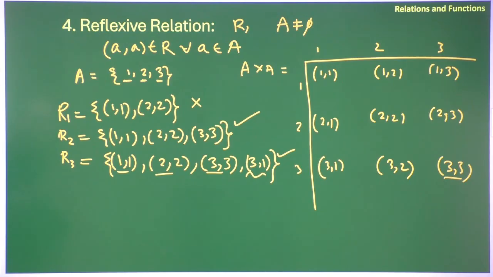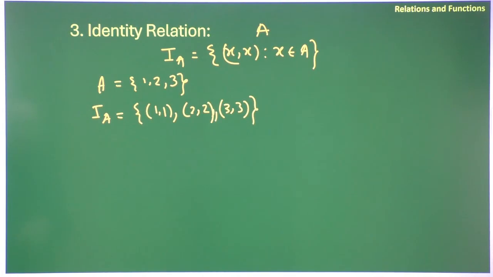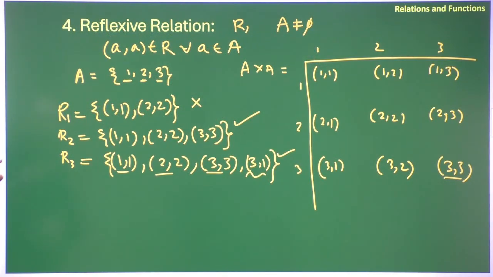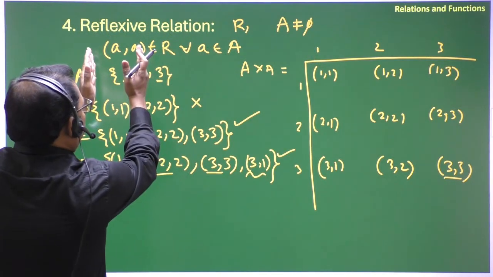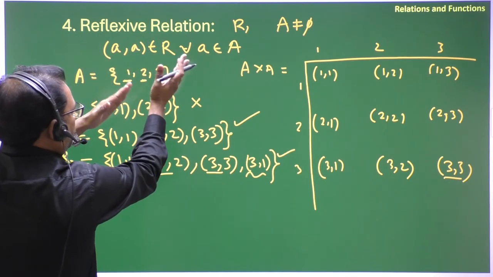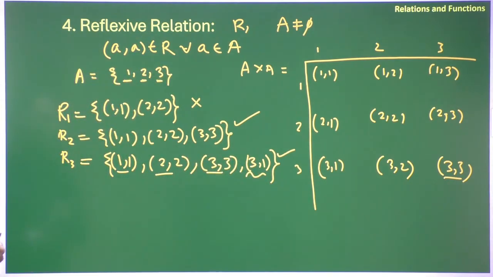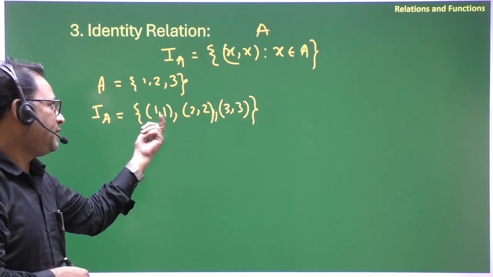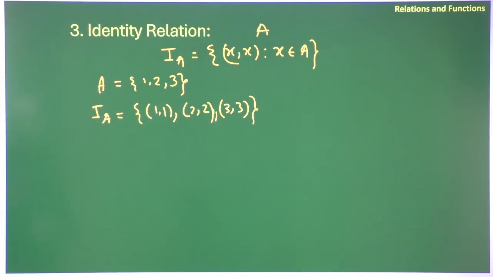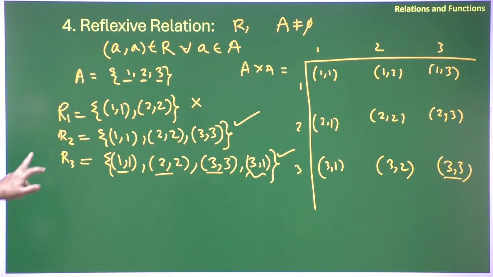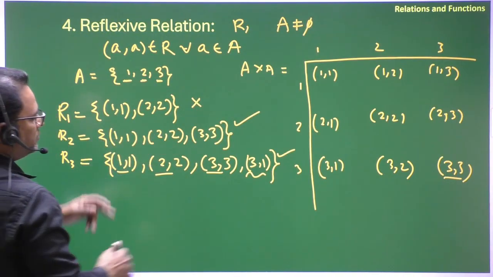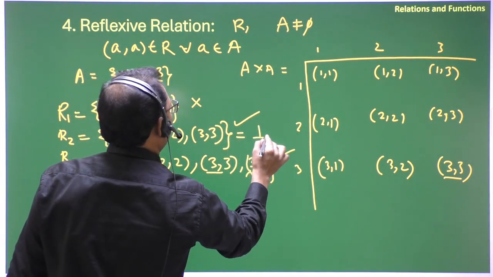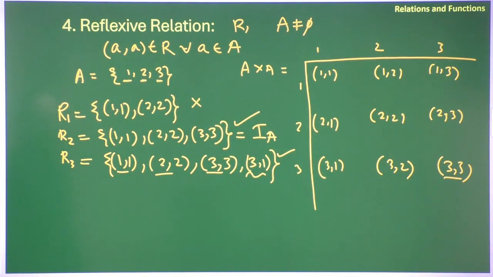This is the difference between the identity relation and a reflexive relation. In a reflexive relation, apart from (a, a) for all a belonging to A, other ordered pairs may be present. But in the identity relation, only the diagonal elements 1,1, 2,2, 3,3 are present; no other elements are allowed. So R2, which is reflexive, is also an identity relation. What do you observe?